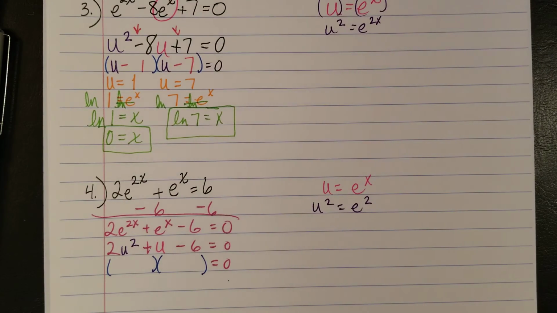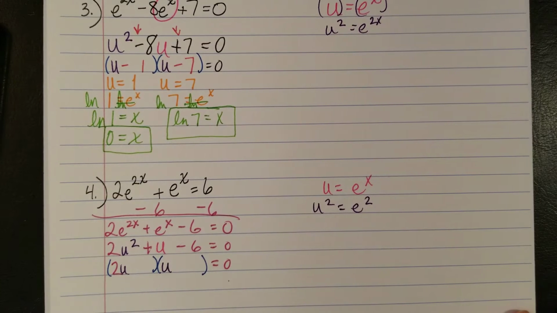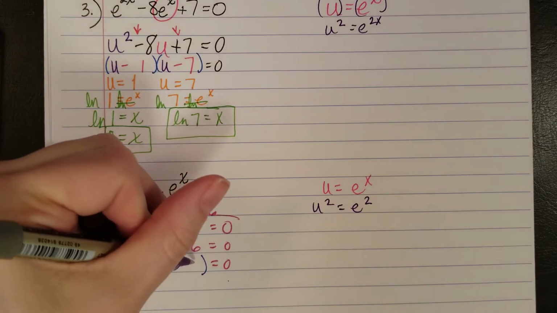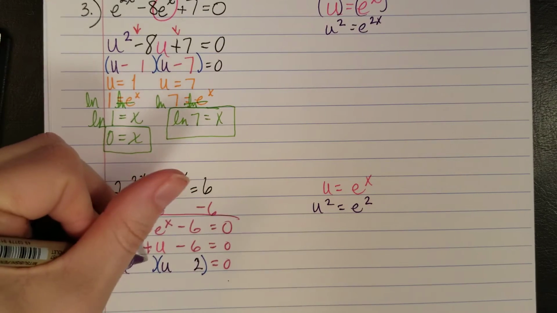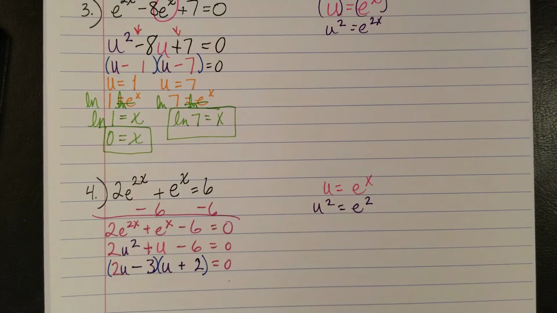So I've got to have a 2u and a u. I think that's going to be it right there. So that's going to give me plus 4 minus 3. That would give me just that positive 1u in the middle there.